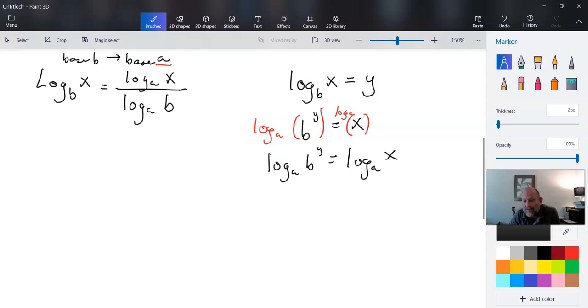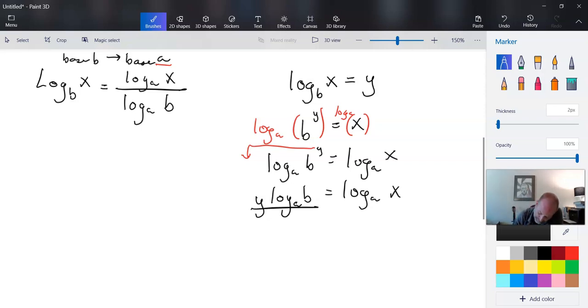Okay, well, this is where that solving property comes in. y is an exponent, which means that I can take that y and I can put it out front, right? Which means that I have y times log base a of b is equal to log base a of x. Well, log base a of b is a number, which means I can divide by it.